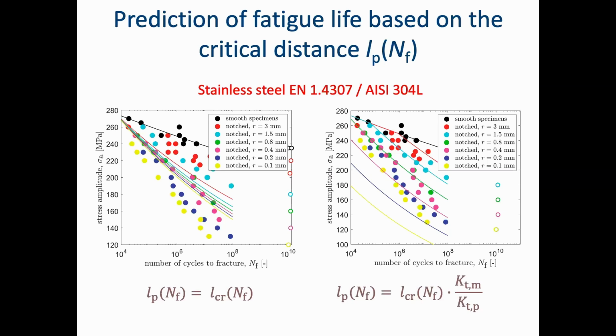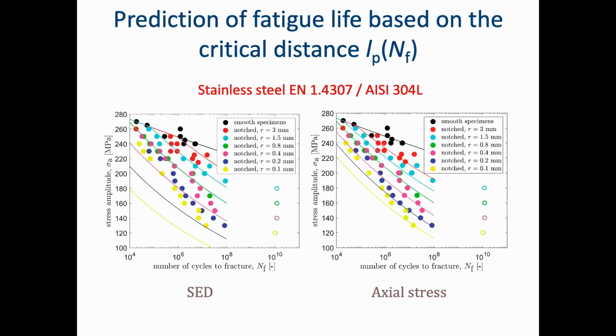When we compare this strain energy density approach with the approach using axial stresses, you can see that in the case of this material, the predictions made by axial stresses provide better results.